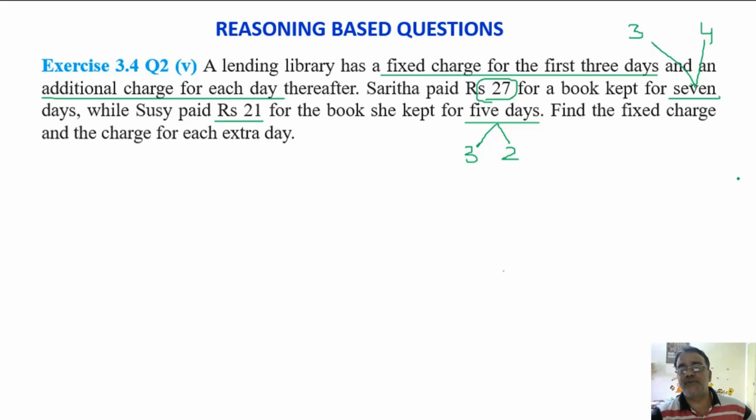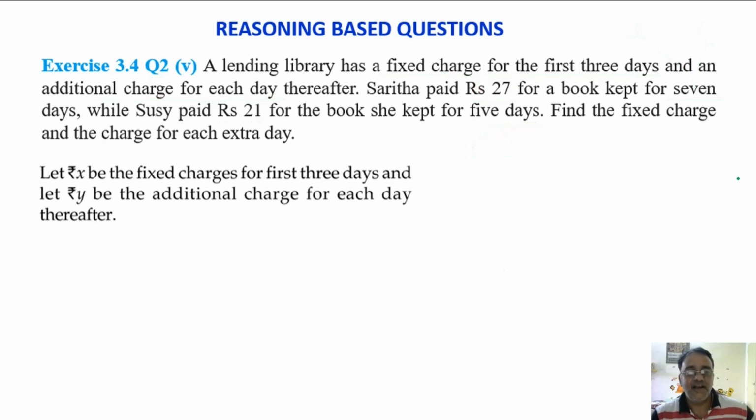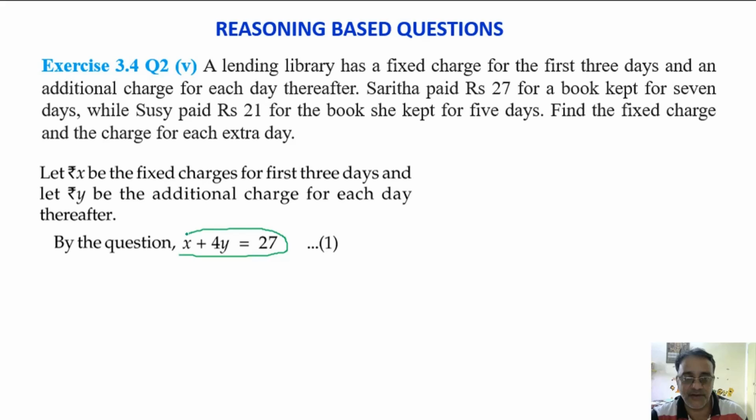So x + 4y is equal to 27. So we'll start with, let x be the fixed charges for first 3 days and y be the additional charge for each day thereafter. So by the question, x + 4y is equal to 27, and the second one I told, x + 2y is equal to 21. So are any coefficients the same here?